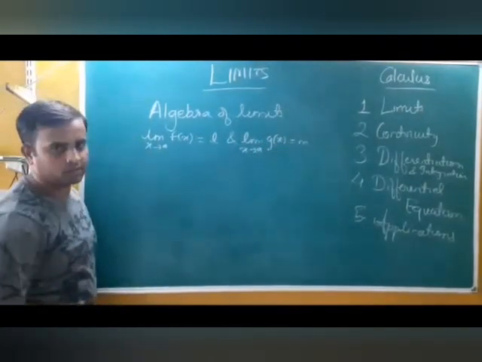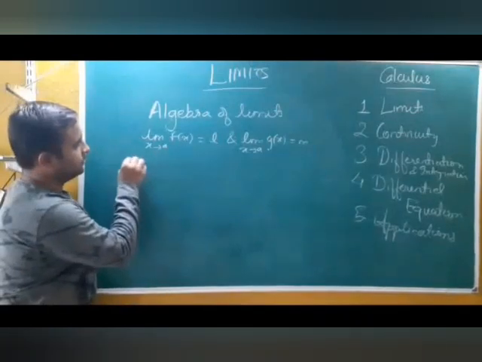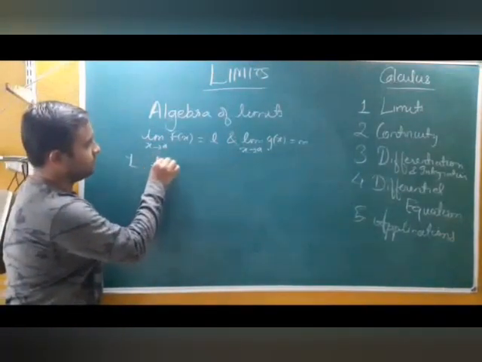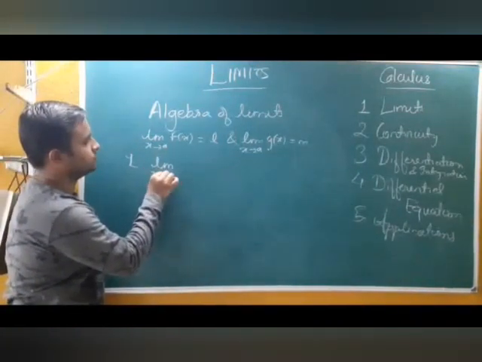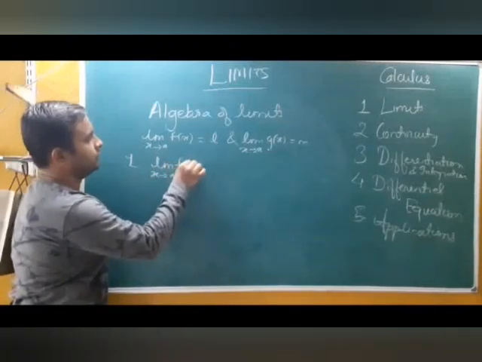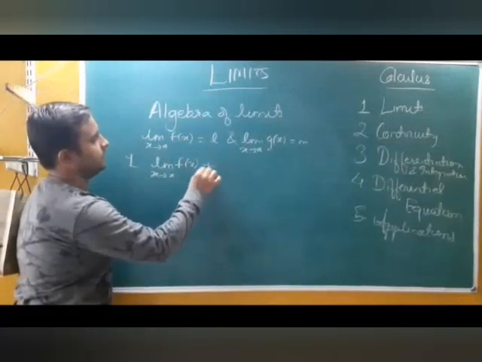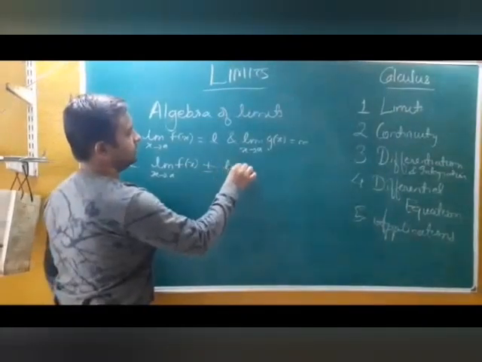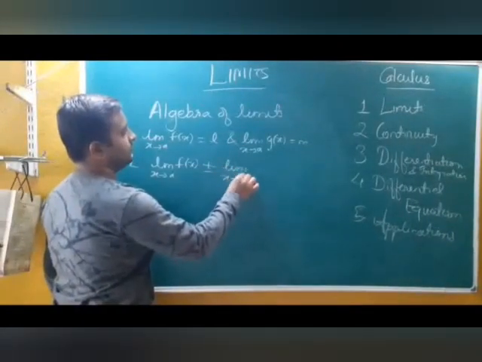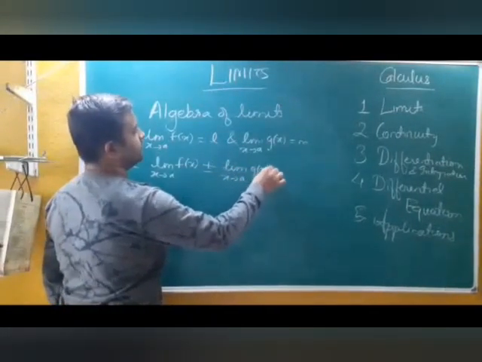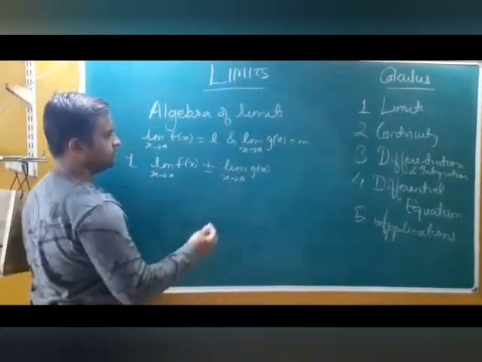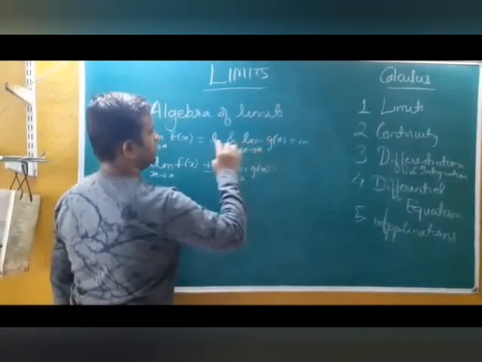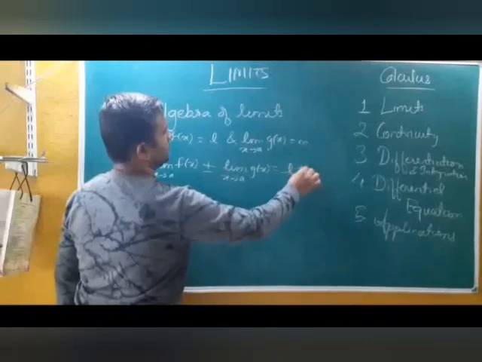Then let's perform some operations here. So the first operation is limit x tends to a f of x plus minus limit x tends to a g of x. What will this be? This will be nothing but L plus minus m.